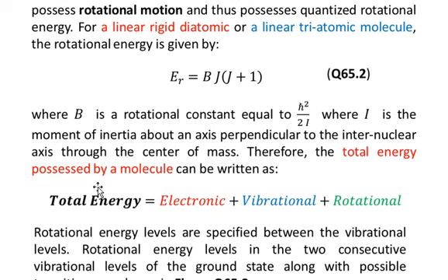Therefore, the total energy possessed by a diatomic molecule can be written as the energy due to the electronic state, plus that due to the vibrations of the molecule, plus that due to the rotation of the molecule. We can simply write that the total energy is equal to electronic plus vibrational plus rotational.